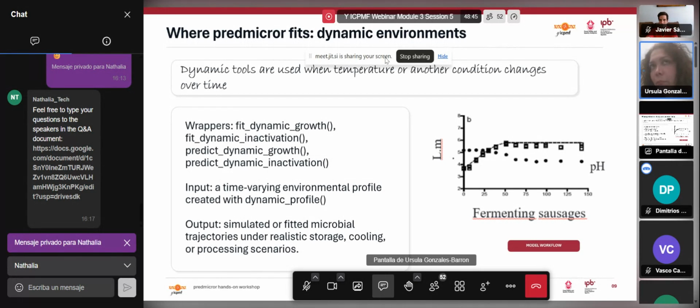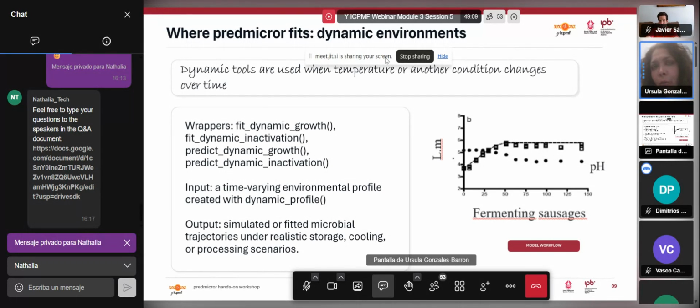So it is very common, maybe you have seen this in different publications, that the validation of predictive microbiology models is often carried out with changing temperatures, storage temperatures, where the experiments consist of subjecting the food sample to ramp temperature in a water bath or in a control chamber.